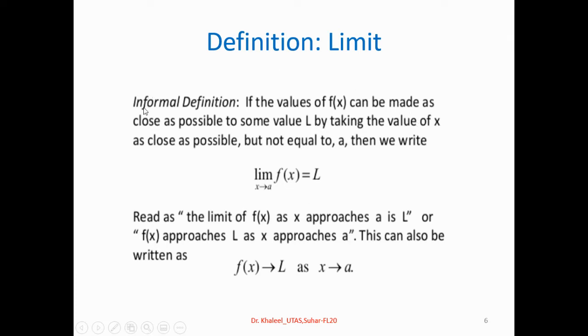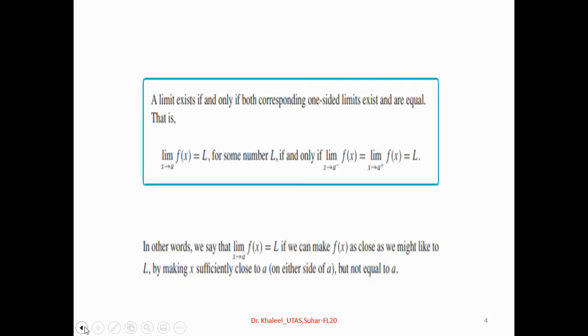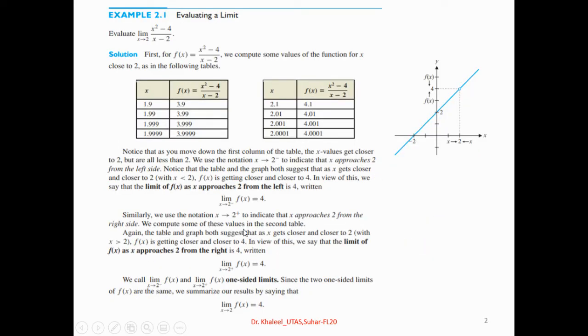This particular definition can be understood by the first example which I discussed. You see that f(x) we can make close to 4 when x is close to 2. If x is not close to 2, then f(x) is not close to 4.